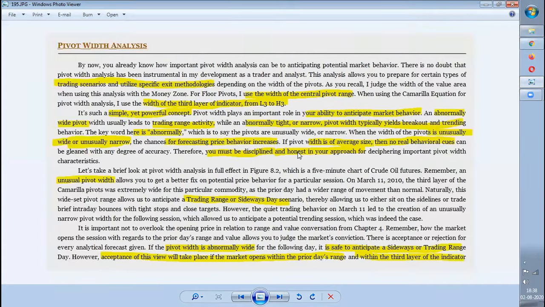How will you be able to understand this from the prior days? By seeing the pivot width. The pivot width will be saying that the next day is going to be a sideways day or a trending day. So this is what has been told in this concept.